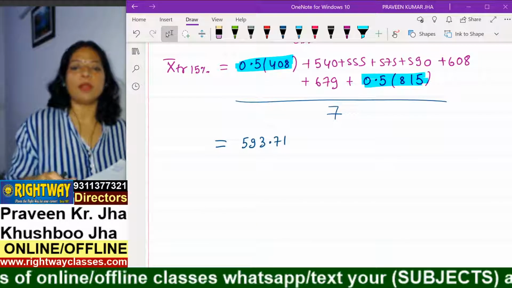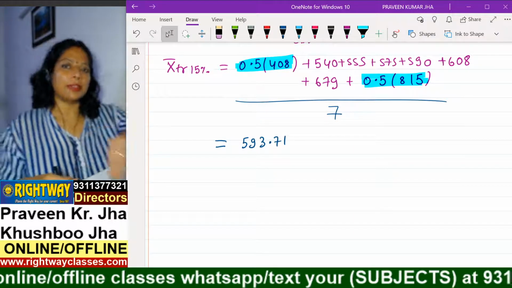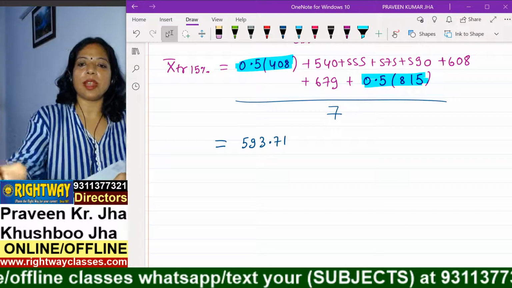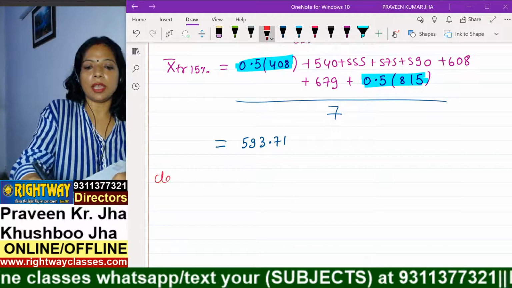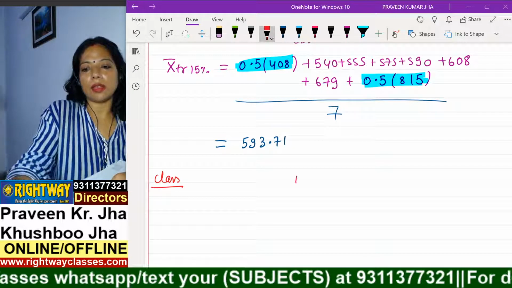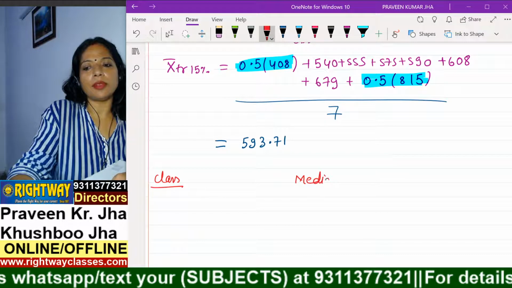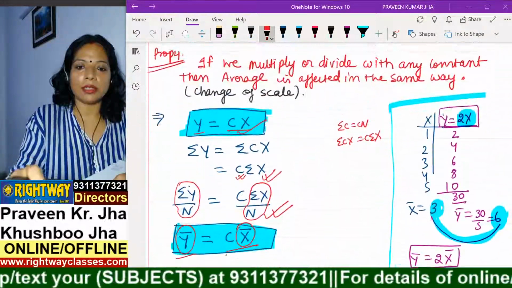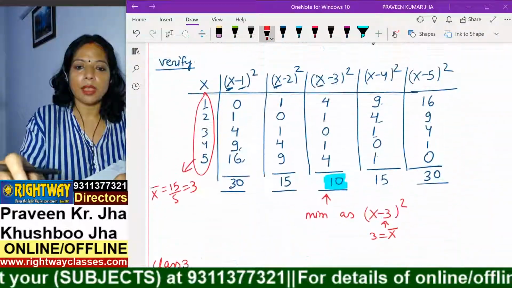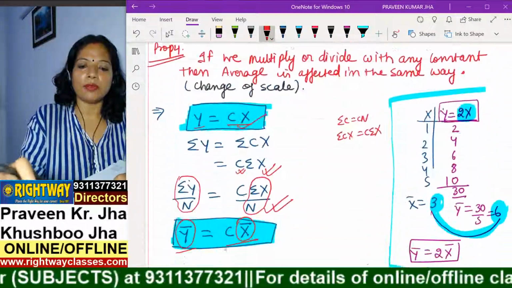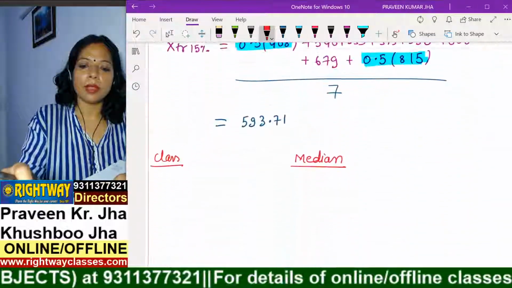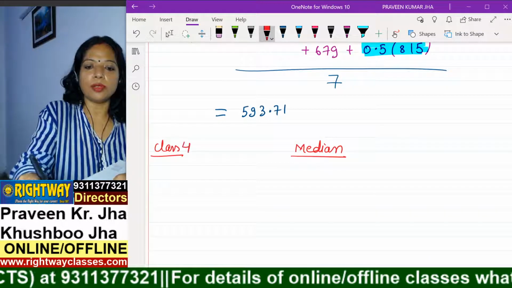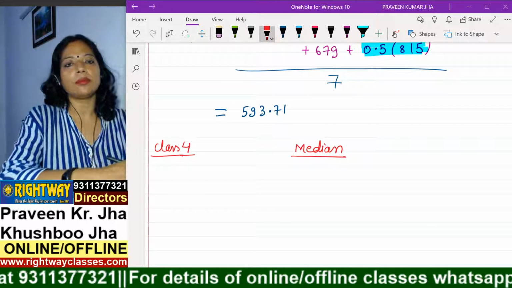So this was all for today's class, and in the next class we will start the median. We are done with the mean and all its concepts, and this was our third class. So the next class will be the 4th, and in class 4 we will be doing the median.